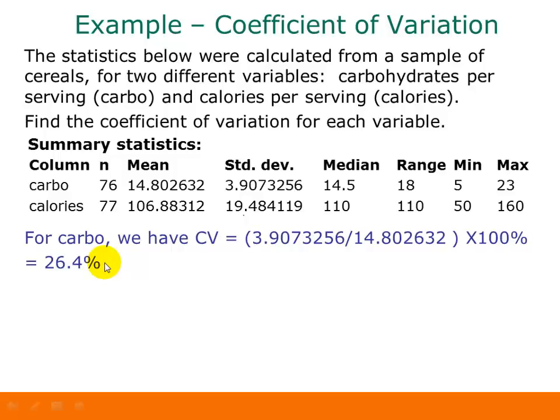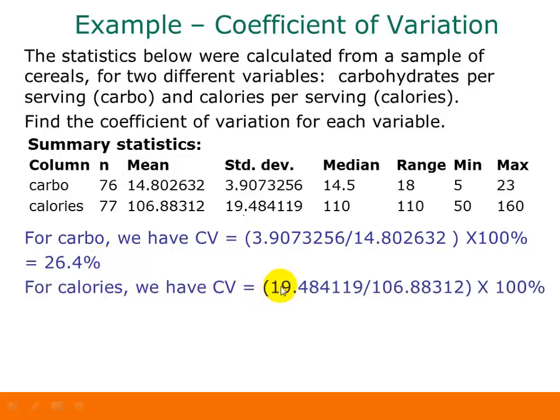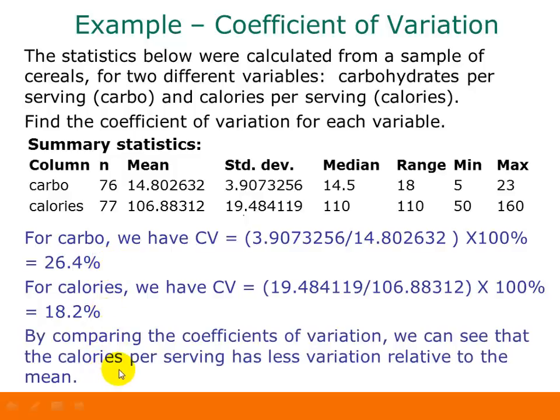For calories, we have our standard deviation 19.48 divided by our mean times 100%, and that gives us a result of 18.2%. So actually for the calories, the coefficient of variation is less than it was for the carbo. And that tells us that if we compare our standard deviation to the mean, the calories per serving has less variation relative to the mean than the carbohydrates per serving did.